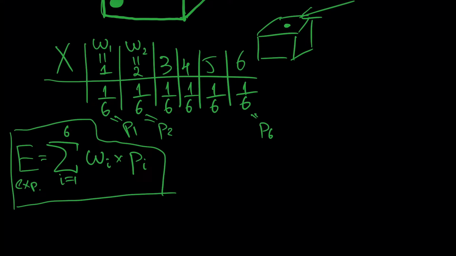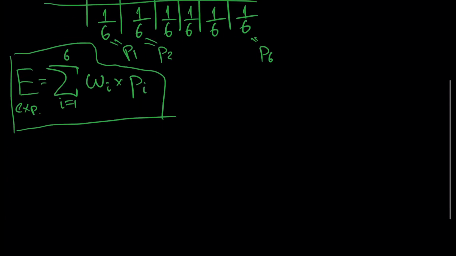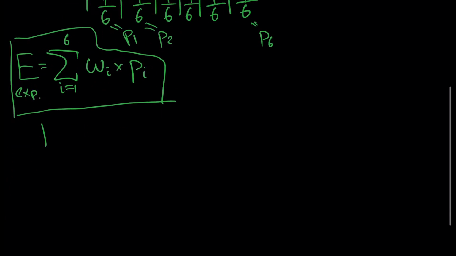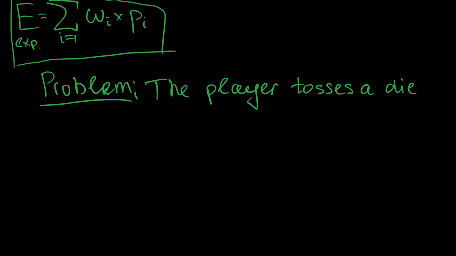Let's begin with the problem. Let's write it down. The player tosses a die only once.